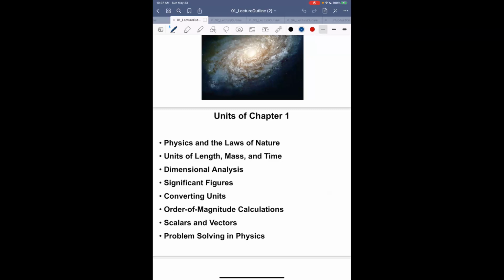Today mainly we are going to talk about physics, what physics is as a science, and how it is related to nature. We are going to introduce units and the system of units that we are going to use.